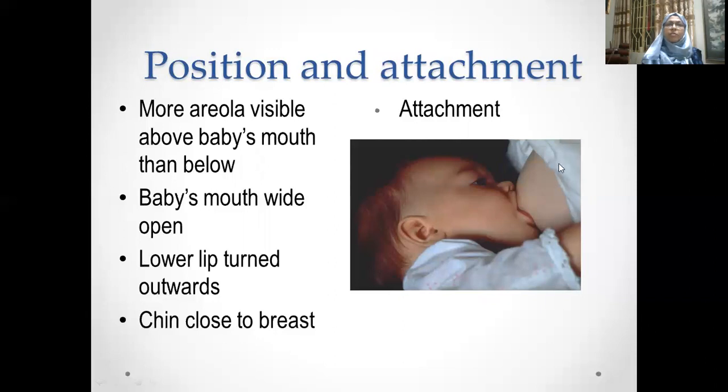The baby's mouth is wide open. You can see here, lower lip is turned outwards and chin is close to the breast, touching the mother's breast. So these are the 4 points for good attachment.